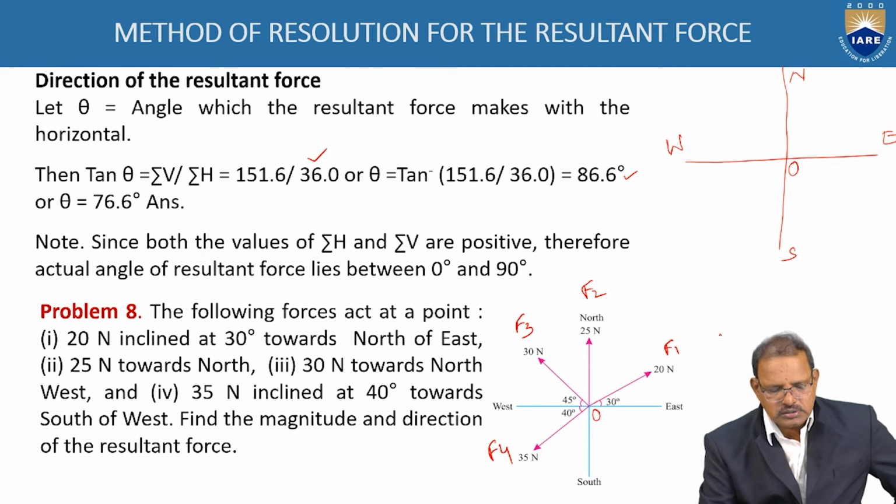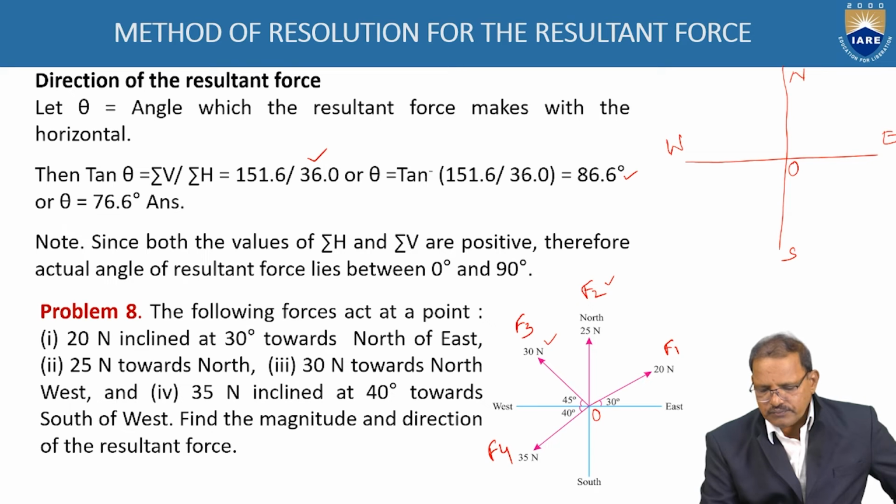The second one is 25 newtons toward the north, which means it is in the vertical direction, moving upward. The third force, 30 newtons, is toward the north of west. The west is the horizontal component toward the left-hand side according to the figure, and north means just upward. That means it belongs to the second quadrant, making an angle of 45 degrees as shown in the figure.